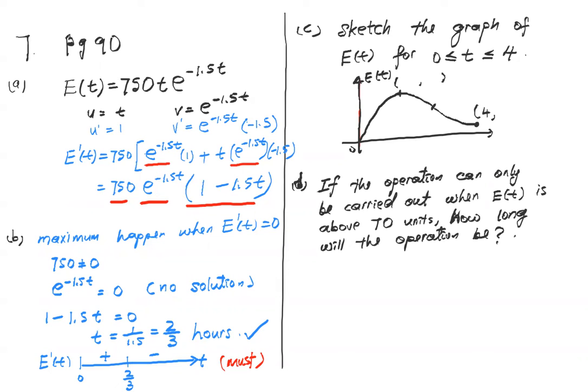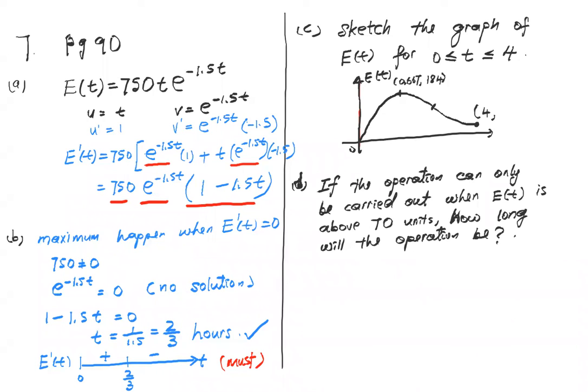Okay, can anyone tell me what is the coordinate of the maximum point? 0.667. And what is the effectiveness when t equal to 0.667? Can someone tell me? Okay, 183.94. So it's 184.